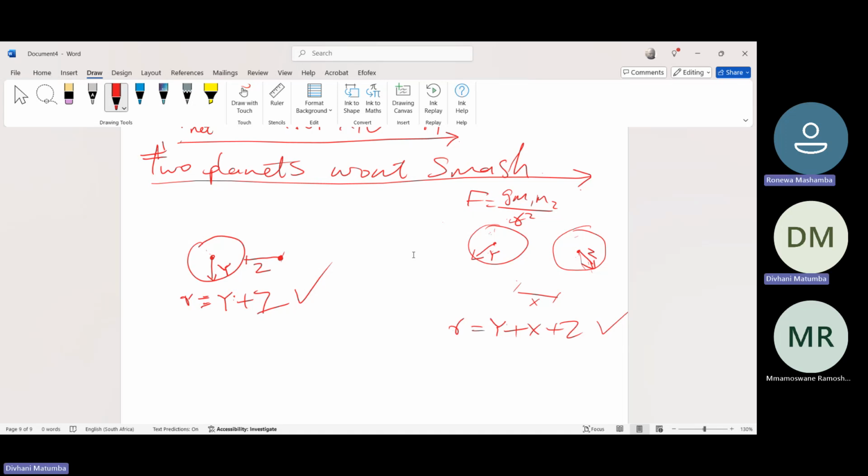If you want to determine the direction of the electric field, what do we do?